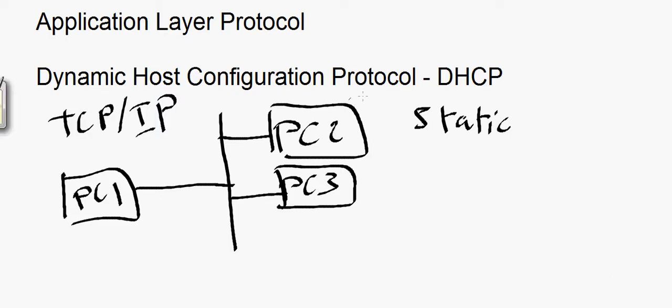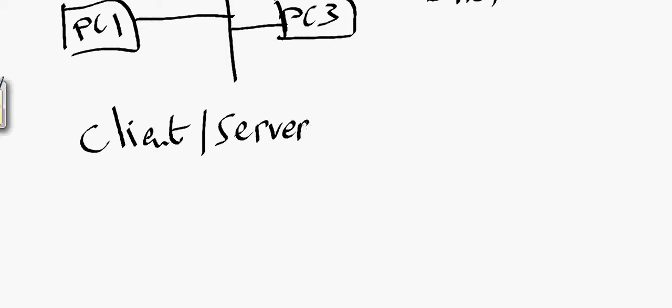So the second way of assigning IP addresses to computers is DHCP. DHCP means that the computer will dynamically acquire an IP address from a DHCP server. As with the other application protocols we have seen so far, the DHCP protocol follows the client-server paradigm, where you have a client on one side and a server on the other.